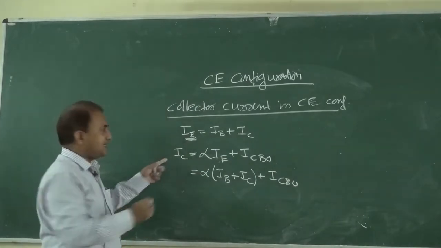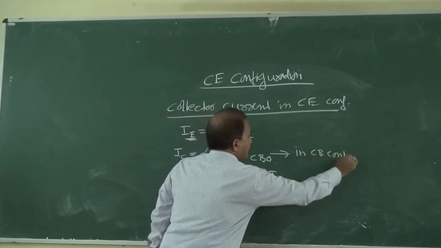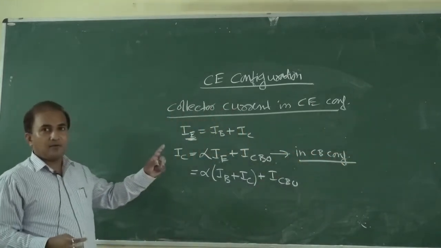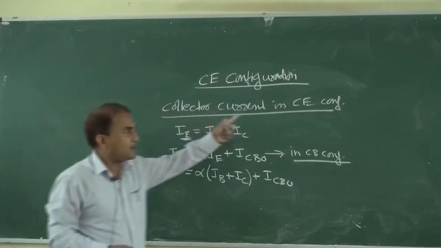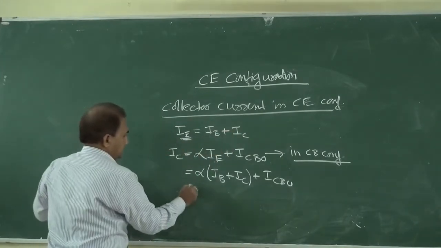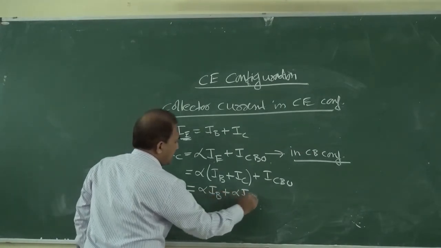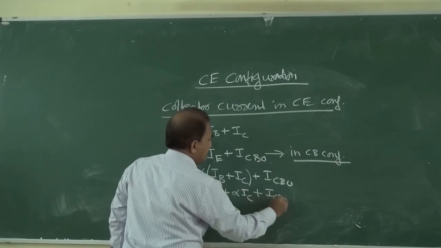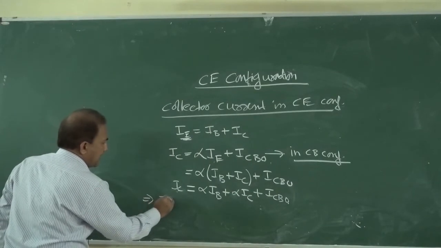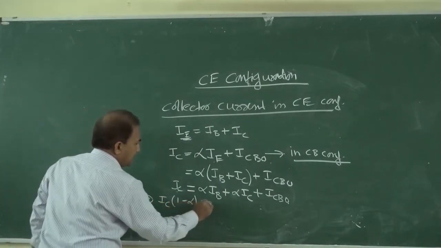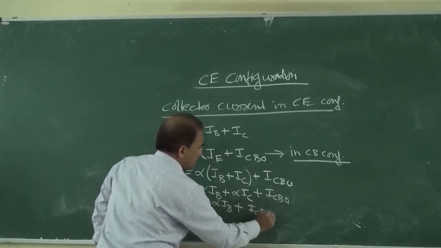This expression we have seen in common base configuration, but we have to find the expression for collector current in common emitter configuration. So IC is equal to alpha IB plus alpha IC plus ICBO. So IC times 1 minus alpha is equal to alpha IB plus ICBO.